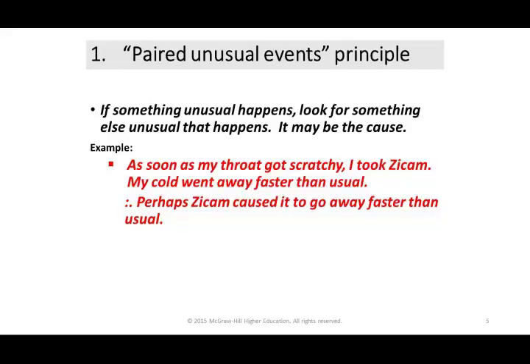Paired unusual events. The itchy throat is unusual, the taking of the Zicam is unusual, and it going away quick is unusual. So we're pairing the taking of the Zicam as unusual and it going away quickly as unusual, and saying that those two unusual events have a causal relationship to one another. That is, taking the Zicam caused my cold to go away faster.